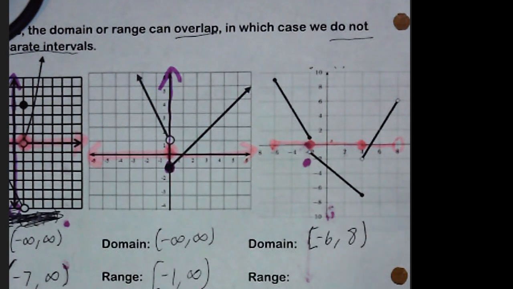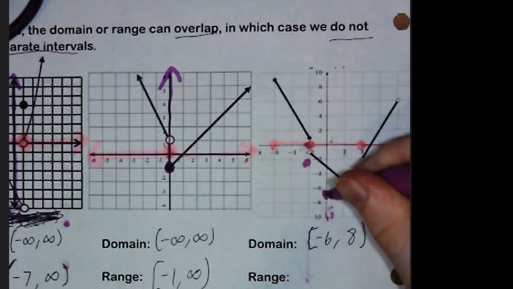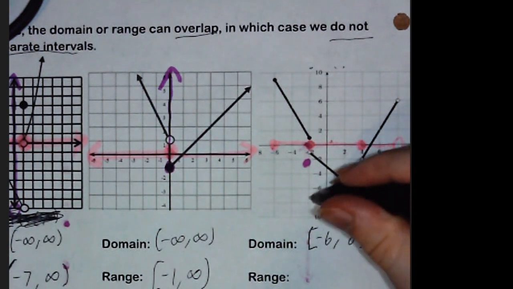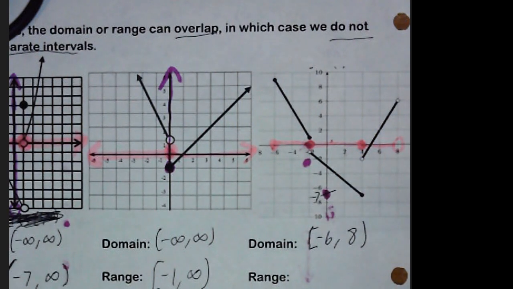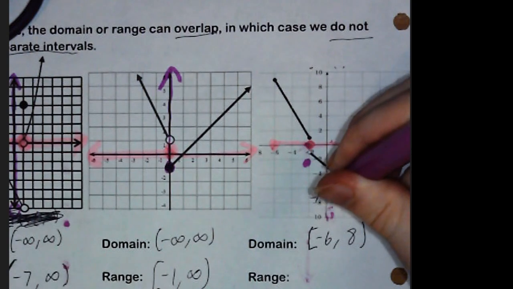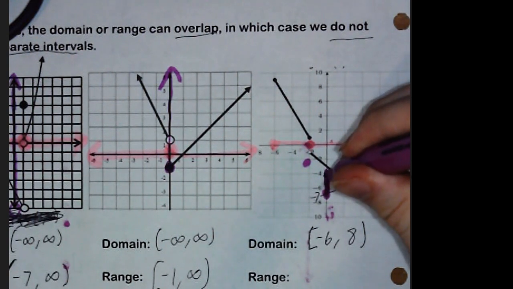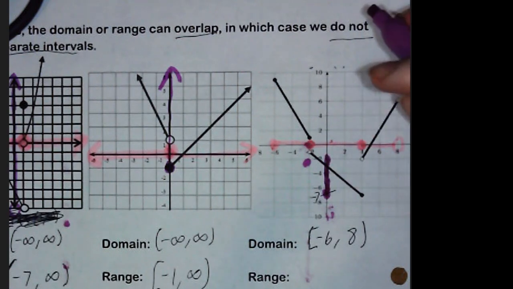Now for our range, it's going to start down here, halfway between -6 and -8. That's going to be good old -7, and it is included. And it's going to go all the way up, because, keep in mind here, right now the range is the range of the first piece.